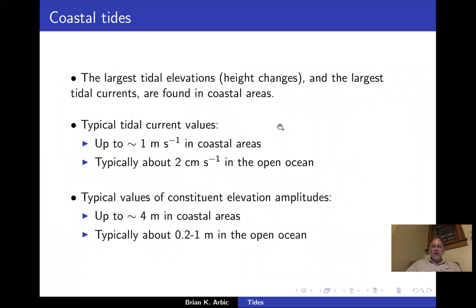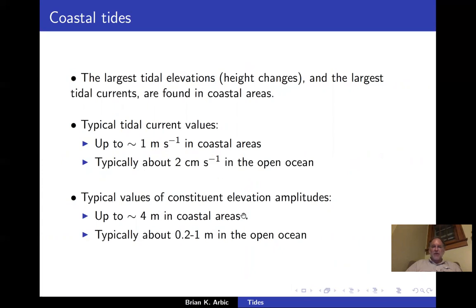Now, the largest tidal elevations, or height changes, and the largest tidal currents are found in coastal areas. Typical tidal current values can be up to 1 meter a second in coastal areas, whereas they're only about 2 centimeters a second, about 50 times smaller, in the open ocean.